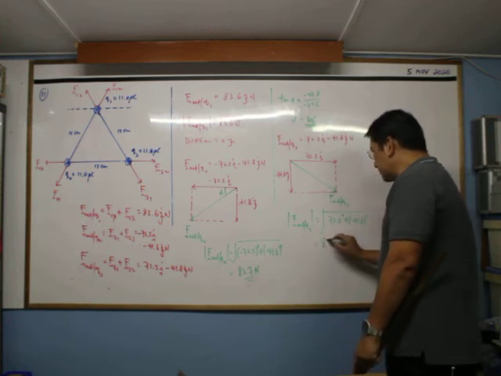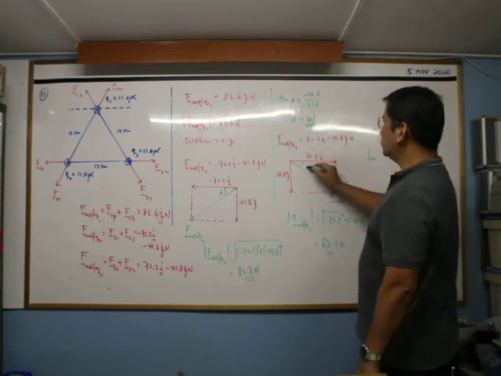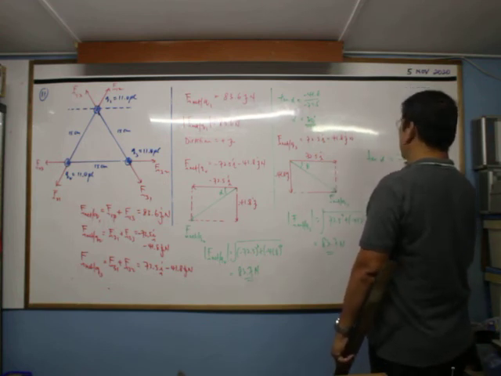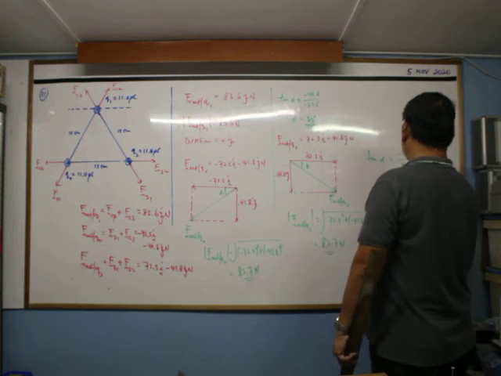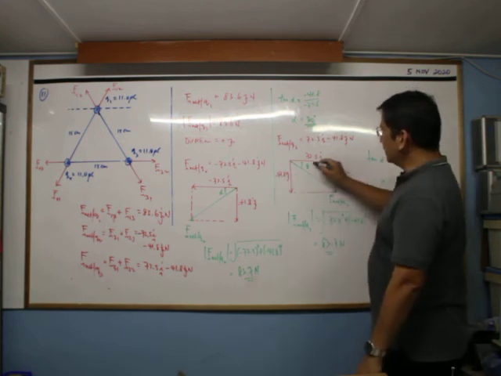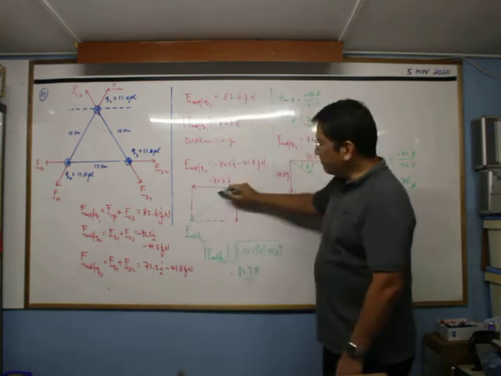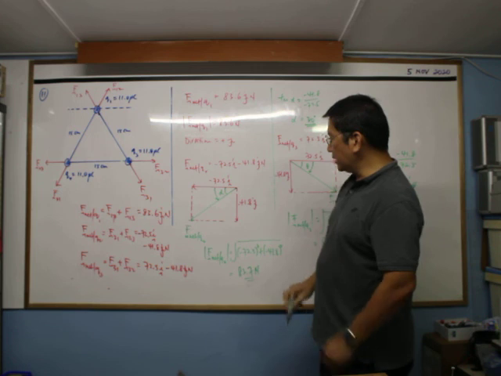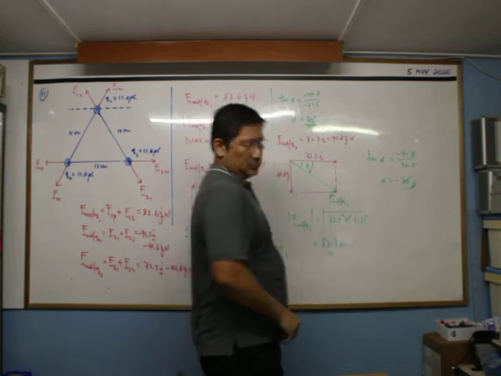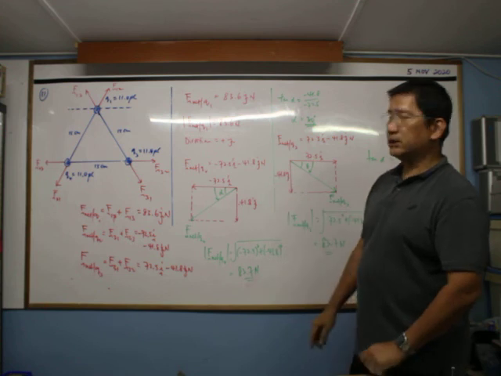It seems the answer will be the same, 83.7 Newton. And the angle, we call this one theta, so tangent theta is equal to negative 41.8 over 72.5, answer should be negative 30 degree. Negative 30 degree means you measure the angle below the horizontal line, but clockwise. This one is anti-clockwise, positive, right hand rule. So that's the answer for the last part for question number 11.